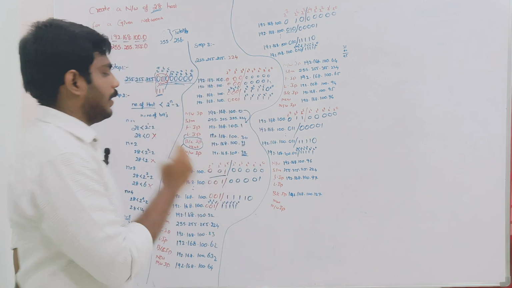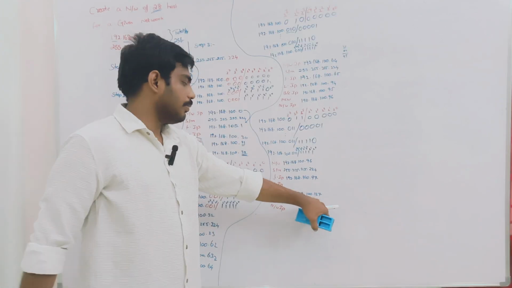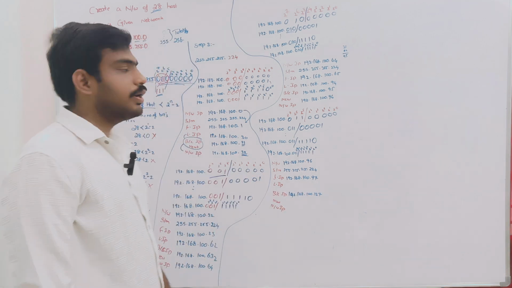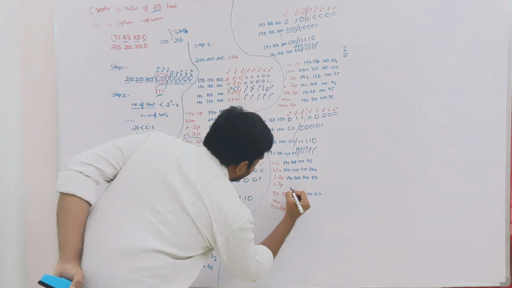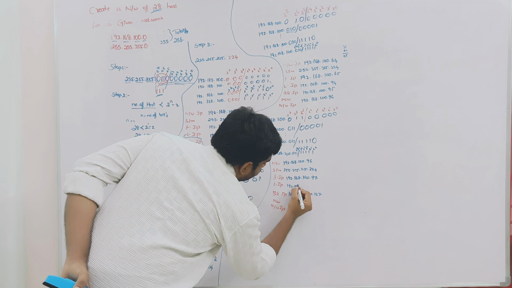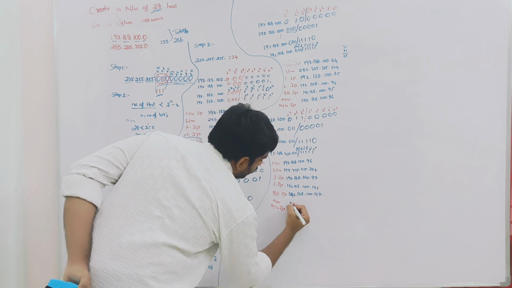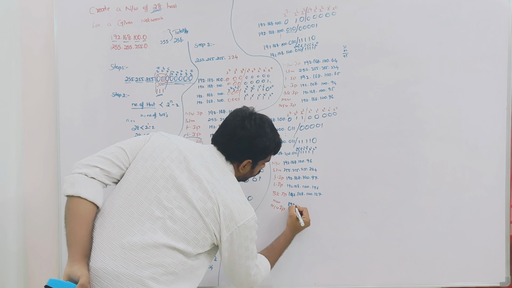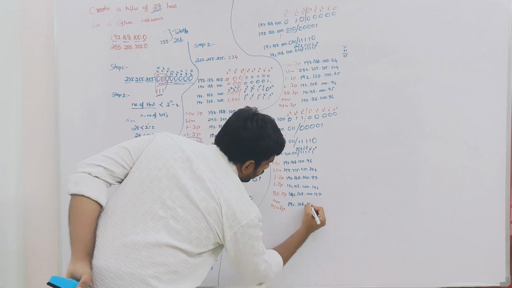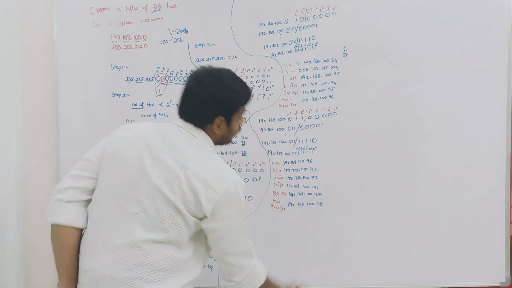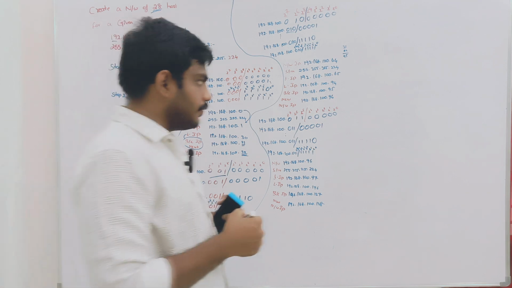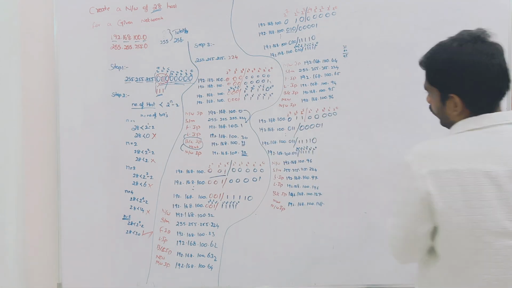The previous number of the broadcast IP will be your last IP. So 192.168.100.126, your last IP. New network IP will be 192.168.100.128. So 128 will be your new network IP.